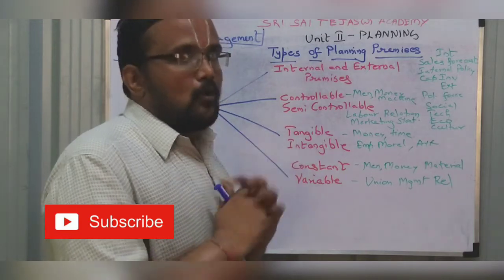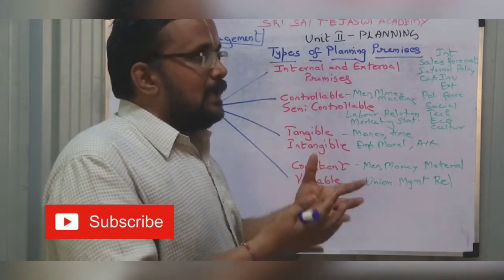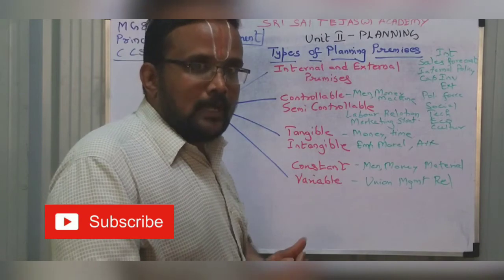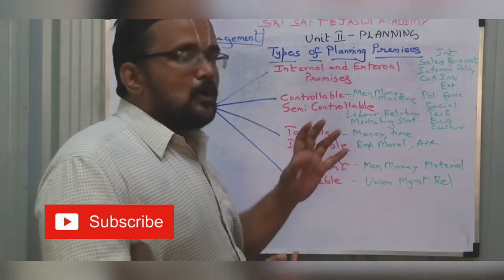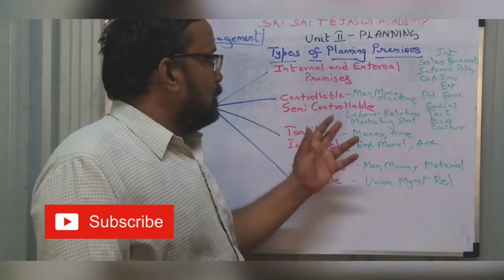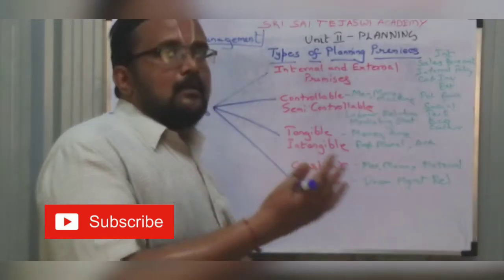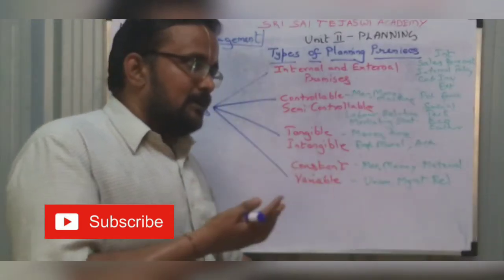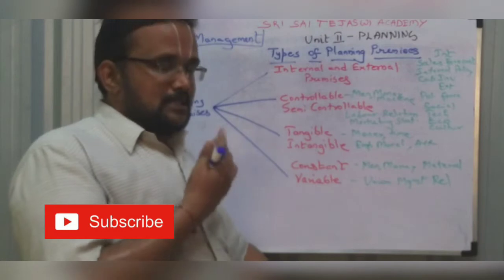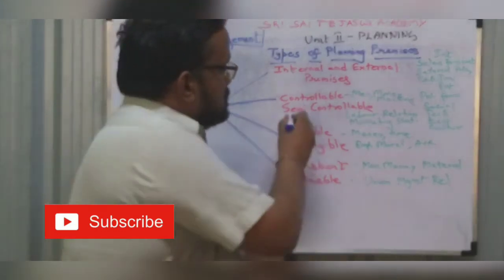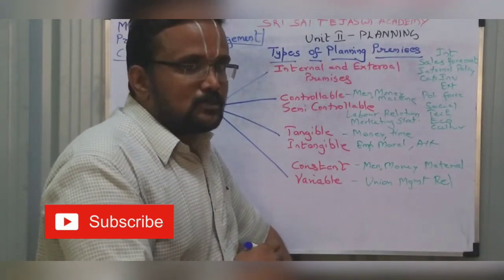I have only partial control, for example when labor suddenly goes on strike. Marketing strategy depends upon competitors, market conditions, customers, and customer satisfaction. So these are all semi-controllable.